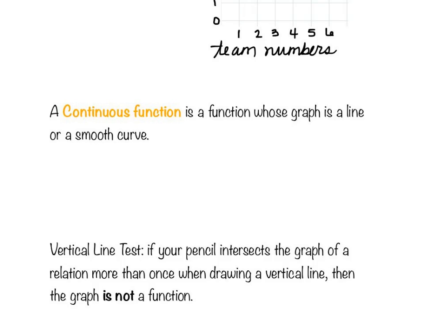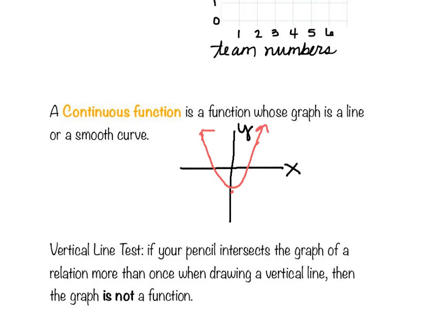A continuous function looks like this. This is my x-axis and this is my y-axis. And so the points on the graph are connected. So that would be an example of a continuous function, where all the points make up a smooth curve or line.